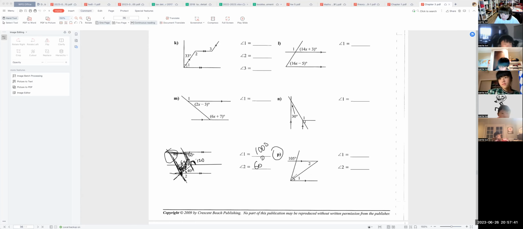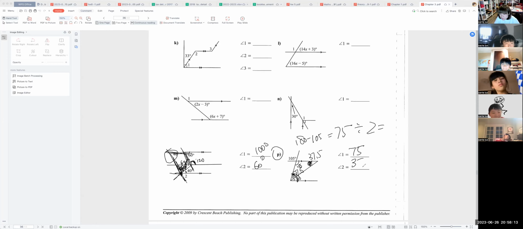This one is 105, so this one is also 105. Angle 2 and angle 1 are also equal, so all three angles are the same. 180 minus 105 equals 75. 75 divided by 2 equals 37.5. Angle 1 is the whole thing, so it's 75, and angle 2 is 37.5.